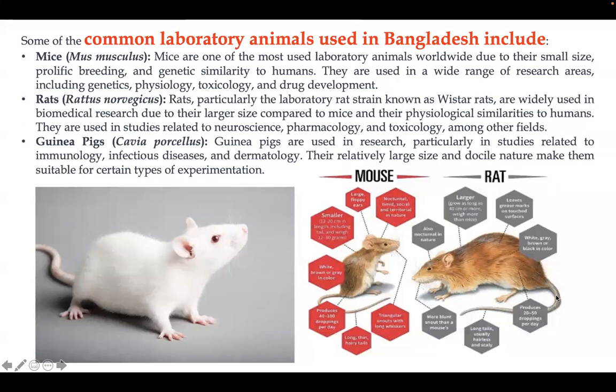Rather, it is hairless and scaly. So if you see a scaly tail, you can identify it as a rat, and if the tail is covered with hair, then it is a mouse. So this is all. Okay.